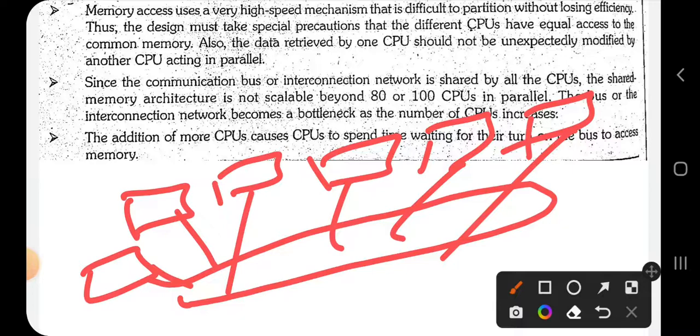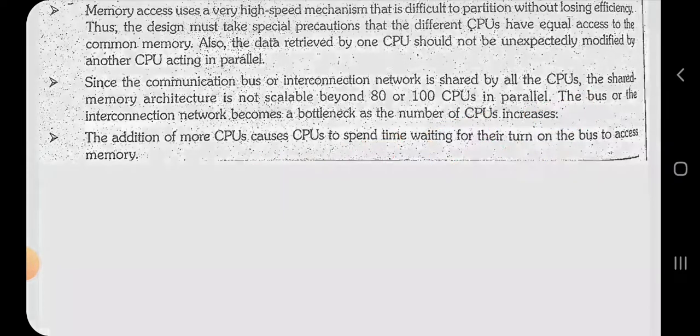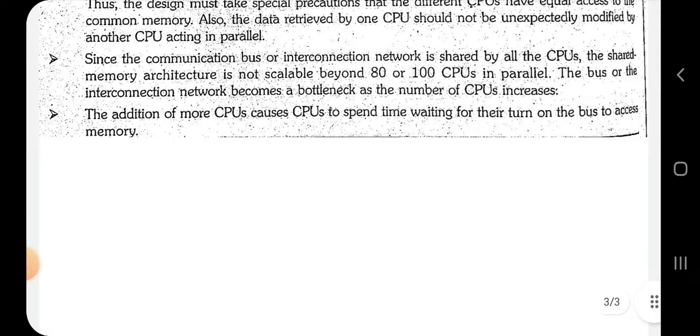Whenever we increase the number of CPUs in the network, the speed automatically reduces, and it becomes a bottleneck. Why? Because everything should be accessed from the shared memory itself. That becomes the biggest problem here, and that is the reason we say these are disadvantages of parallel databases.